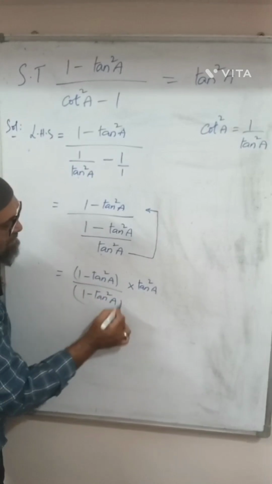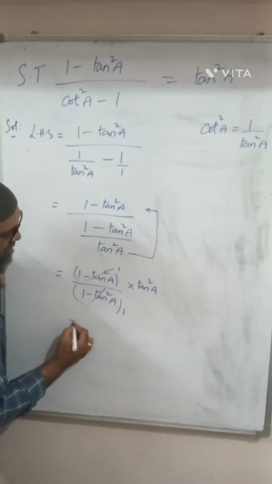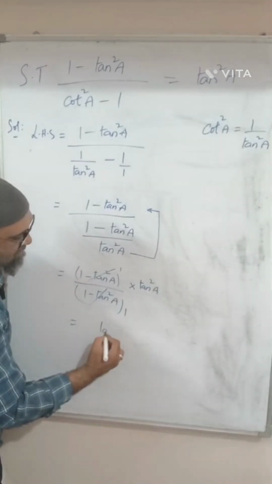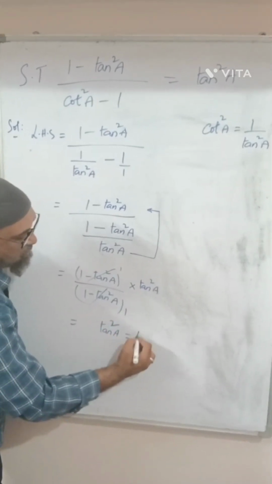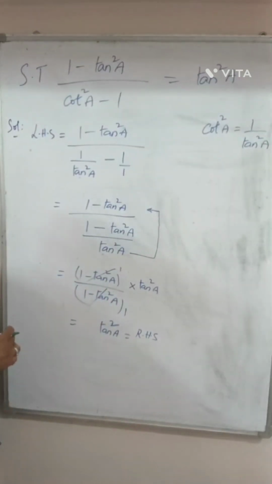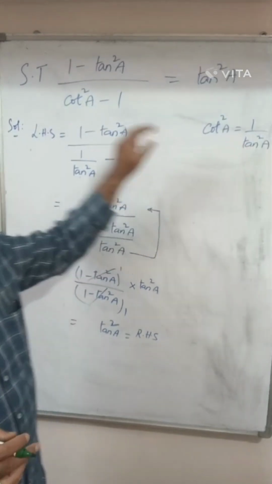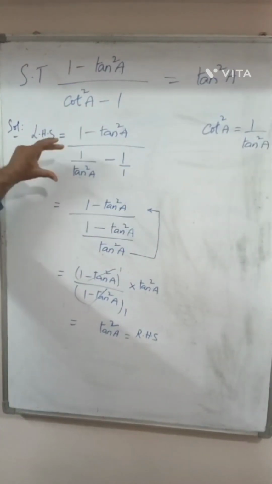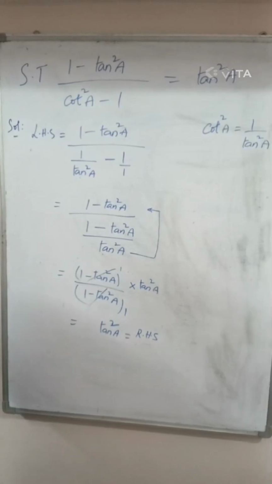So this and this are same, and I can cancel them because they are same. 1 into tan square A is tan square A, which is equal to the right hand side. Hence proved. Remember the steps, remember the formulas, what to use and how to use and when to use. Then trigonometry will be easy for you.